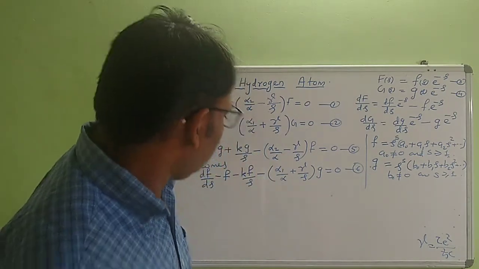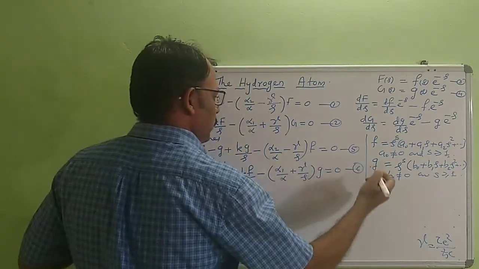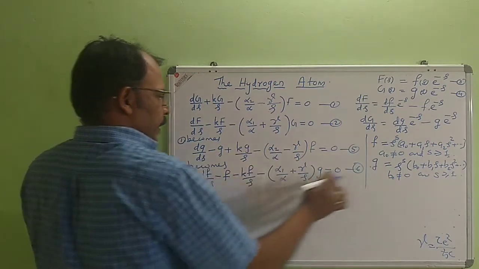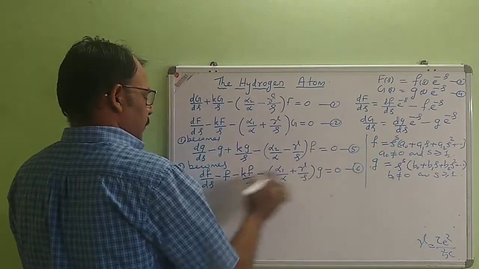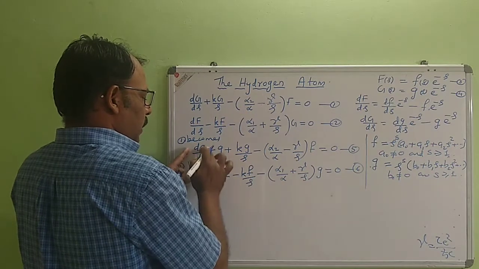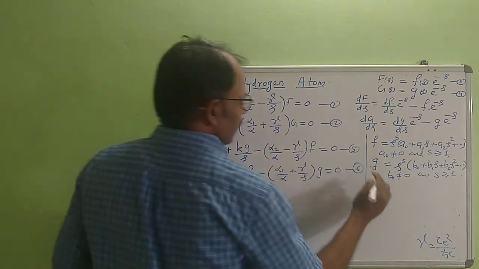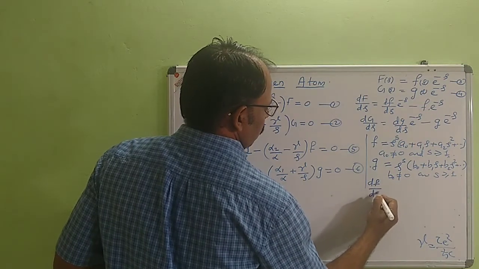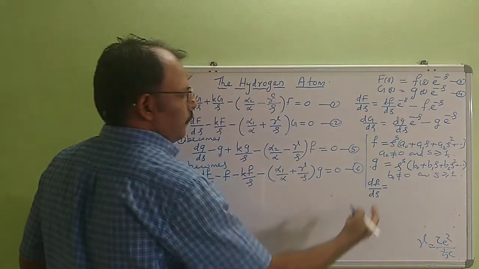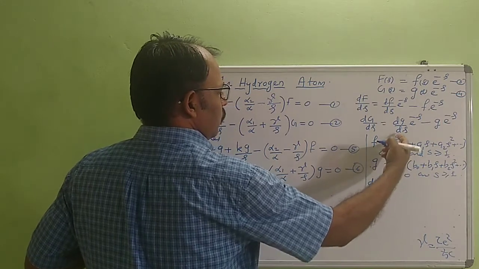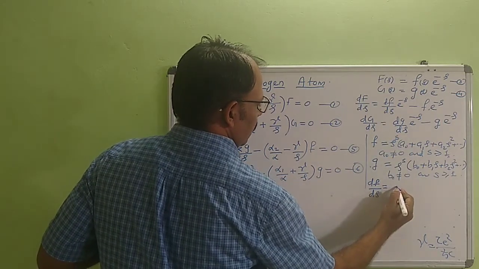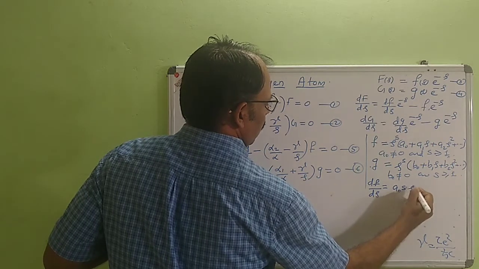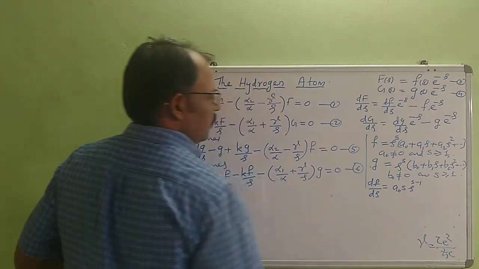Now we will substitute those values in this equation. We need F, then G, then dF by d rho and dG by d rho. Now take dF by d rho. When you differentiate, the first term a0 rho raised to s becomes a0 s rho raised to s minus 1.